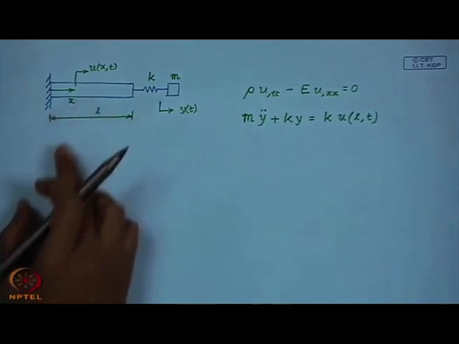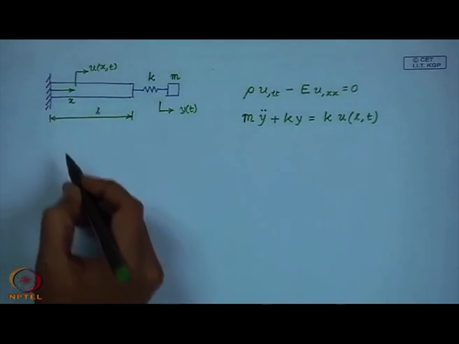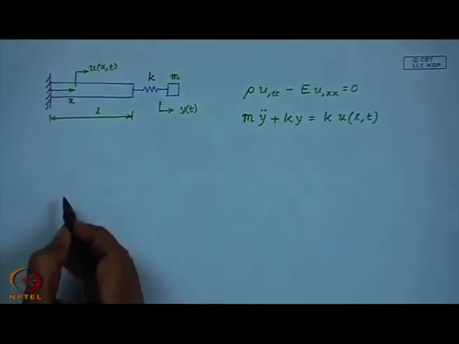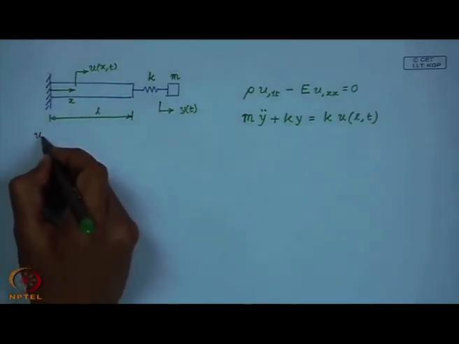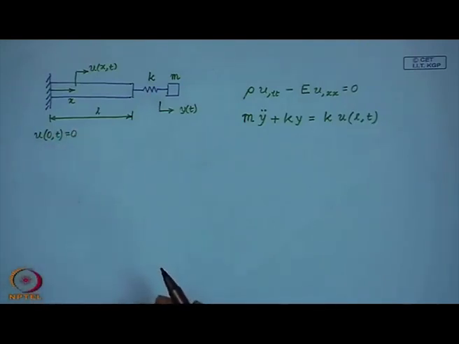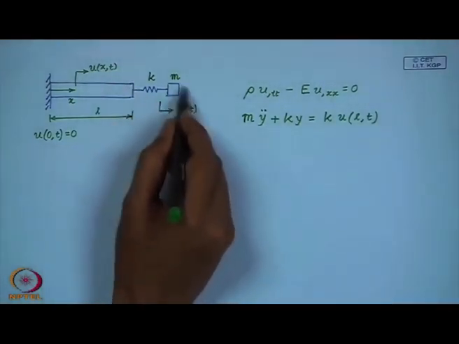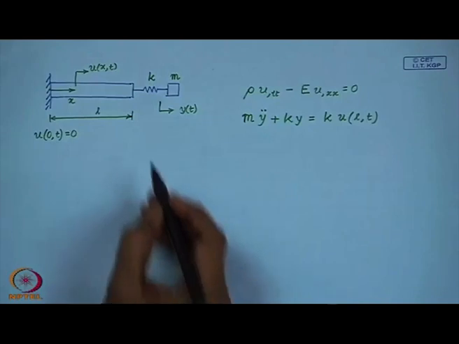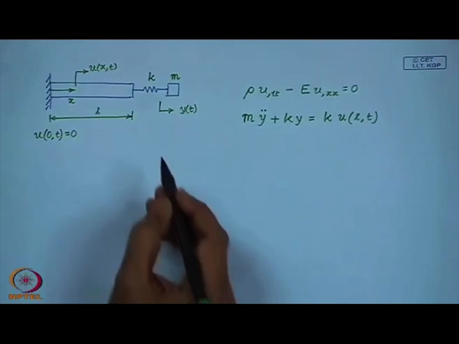Now, let us look at the conditions at the boundary. At this end of the bar, it is completely fixed. Therefore, we can easily write the displacement is 0 at this end. On the other hand, at this end of the bar where this oscillator is attached, we can expect an interaction force from the oscillator.